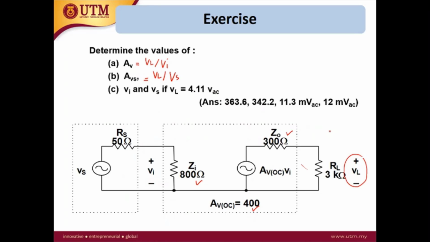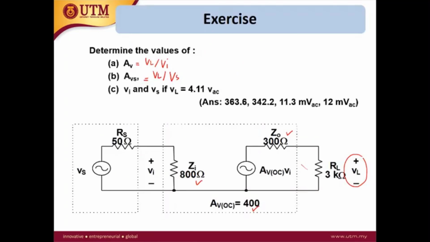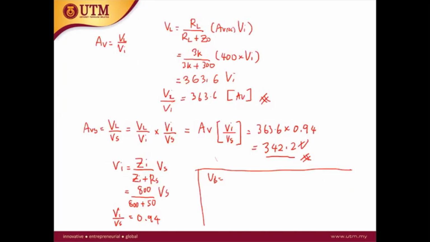And the last one: VL is 4.11 VAC. The question is, what is Vi? You need to find the parameter that relates VL and Vi.